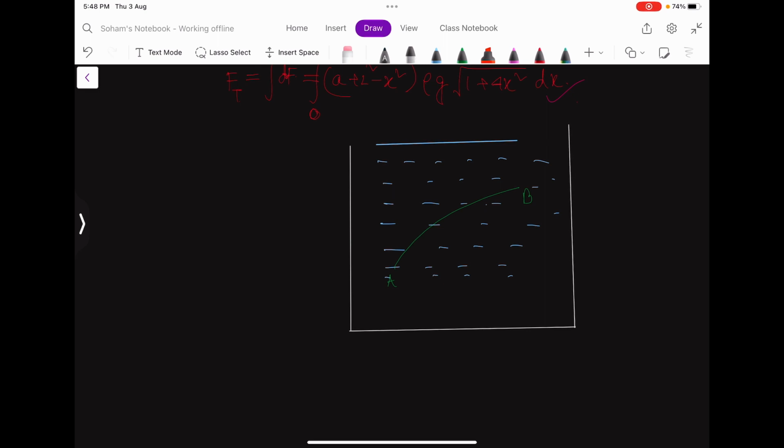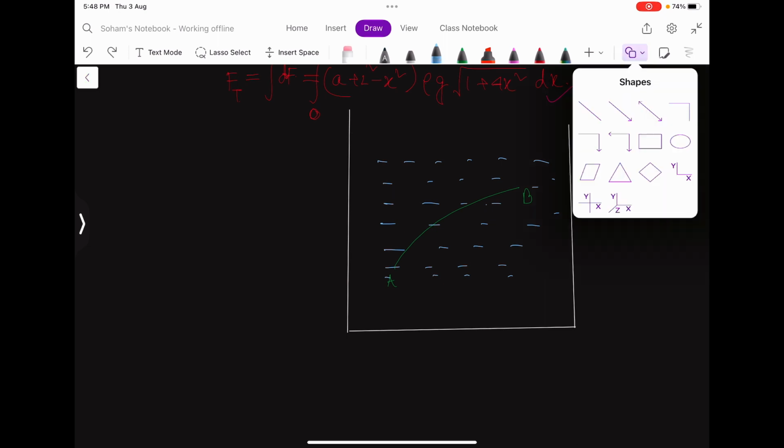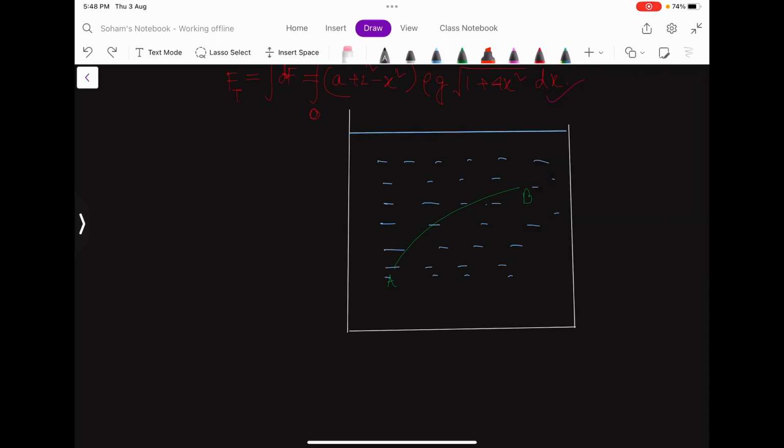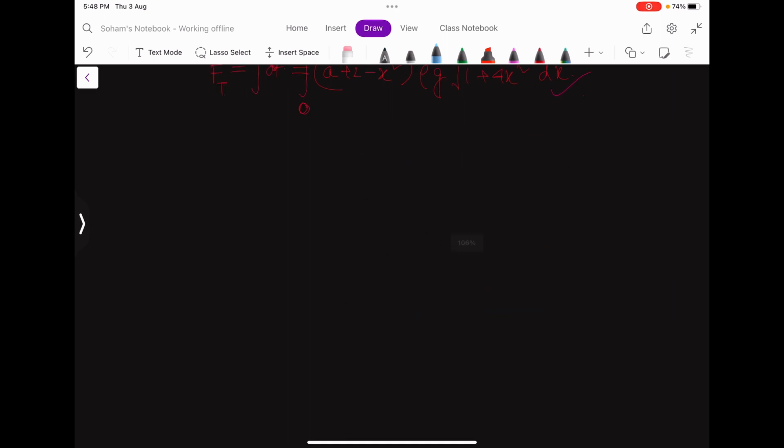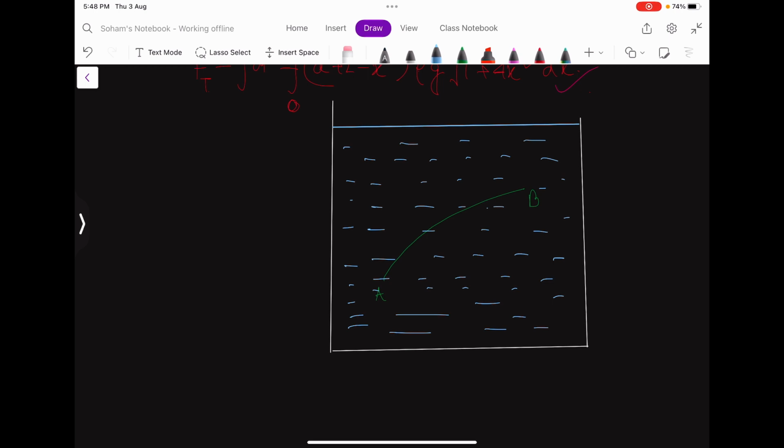This tank is filled with water. This is the free surface S1, and everywhere here is water, or you can consider any other fluid, and this is the curved surface CS, fine.